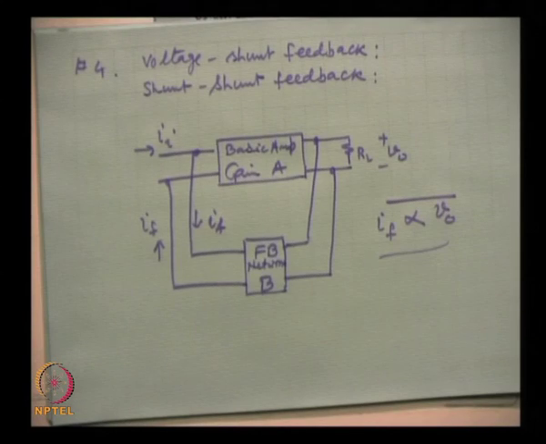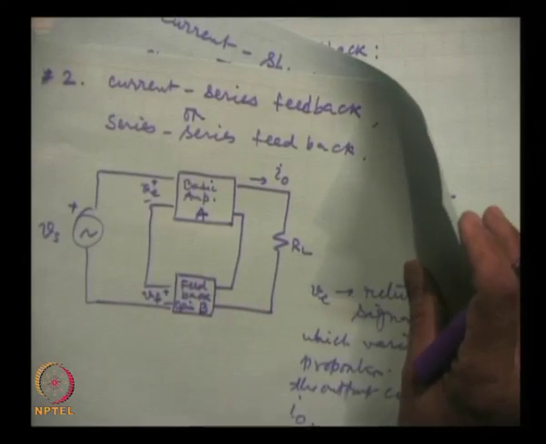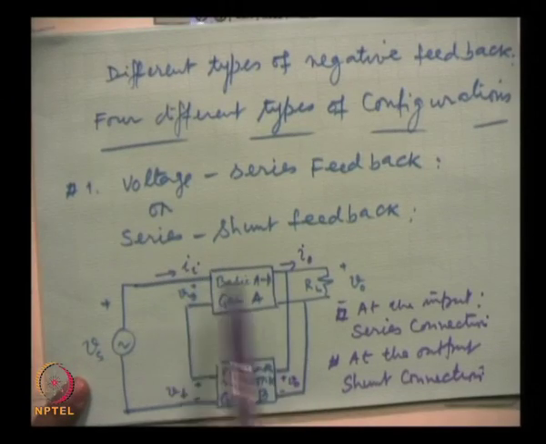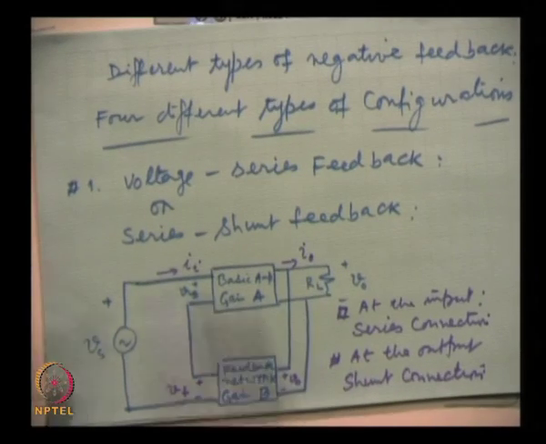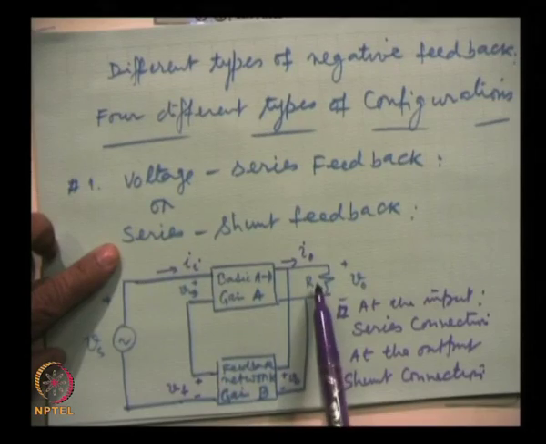Let me summarize these 4 circuits, the 4 types, because they are very important; they will modify the impedance levels at the input and output differently. This is the voltage series feedback, series at the input and shunt at the output.